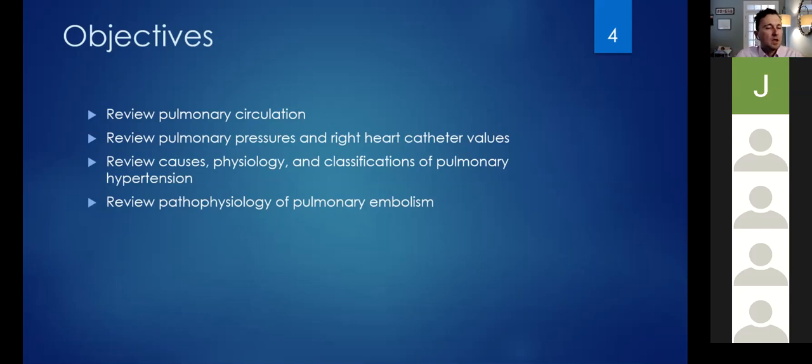So today I want to talk about pulmonary circulation. We'll review pulmonary pressures and right heart catheter values. We'll go over the causes, physiology, and classifications of pulmonary hypertension. And then lastly, just hit a few high notes on the pathophysiology of pulmonary embolism as it's related to all this other stuff.